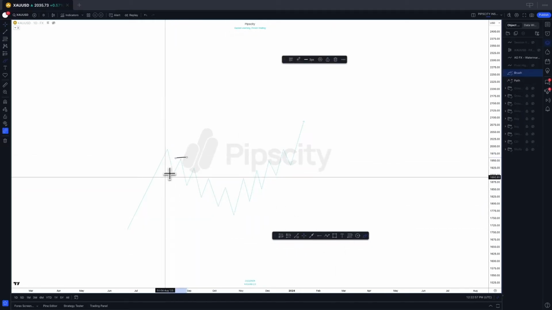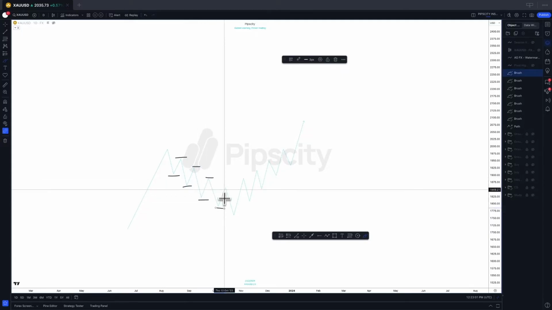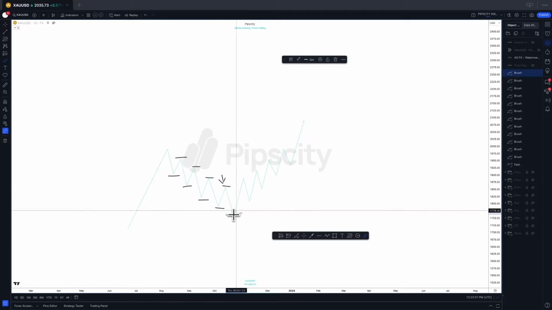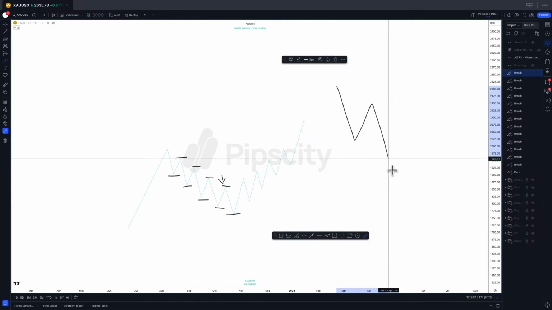We have the lower high, lower low, lower high, lower low, lower high, lower low, lower high. Now, the moment a lower high is created and creates a low, and then this low fails to print another lower high, we can't really be sure market is going to continue downwards. So market moves in 3 phases, right? Phase 1, phase 2, phase 3.